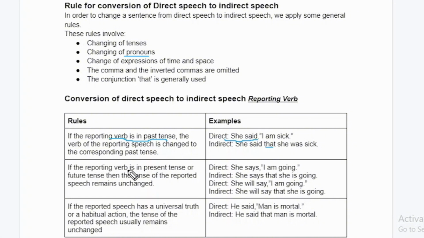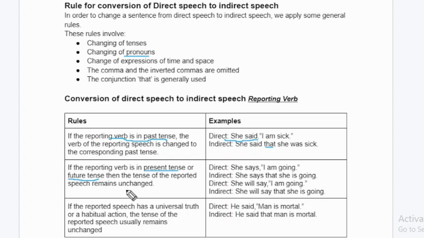If the reporting verb is in present tense or future tense, then what will we do? Then the tense of the reported speech remains unchanged.